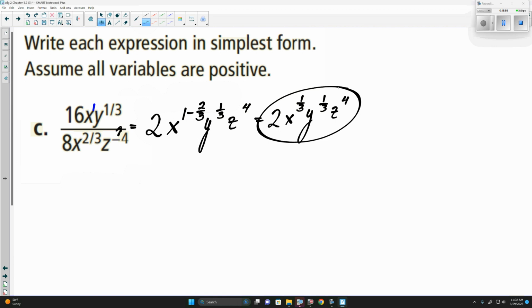So we get the expression 2x to the 1/3, y to the 1/3, z to the 4th. Any questions on any of this here? We ready for the next piece?